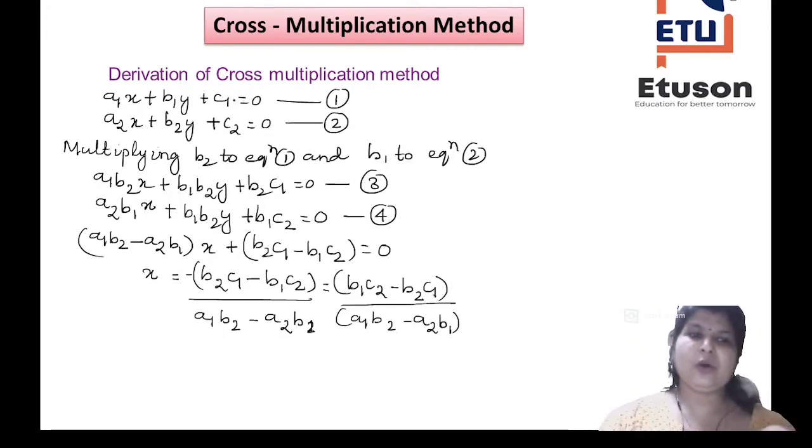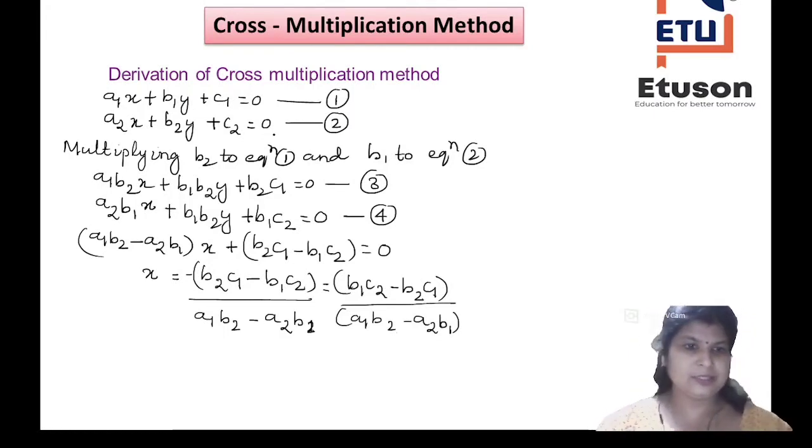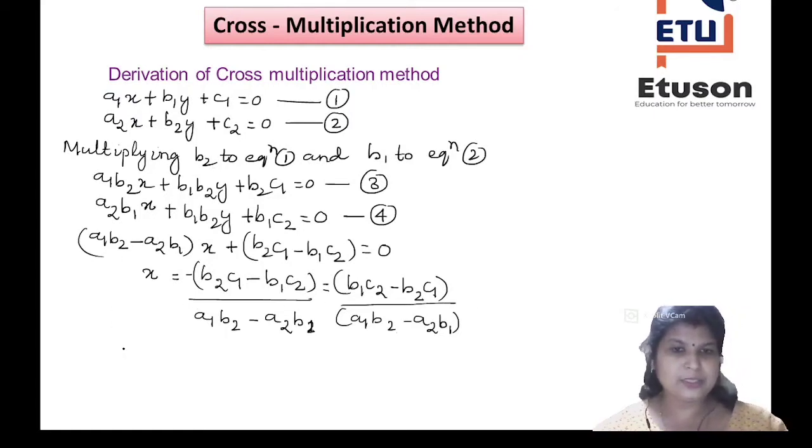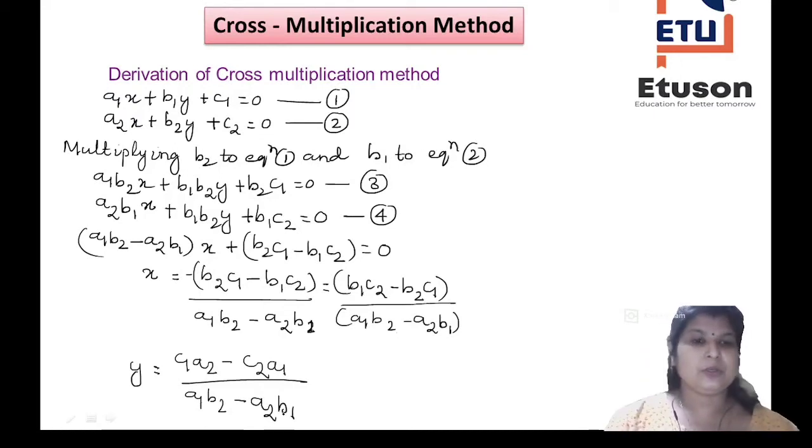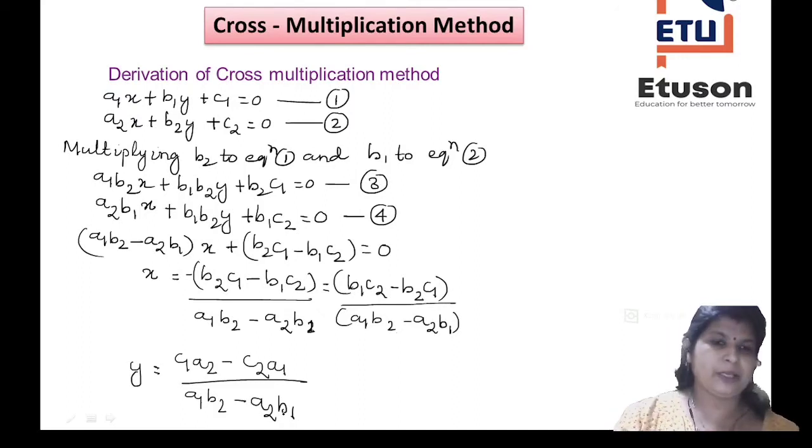If you solve it, you will get y is equal to how much? y will be equal to (c1 a2 minus c2 a1) divided by (a1 b2 minus a2 b1). Correct? So these are the values you will get by the cross multiplication method.